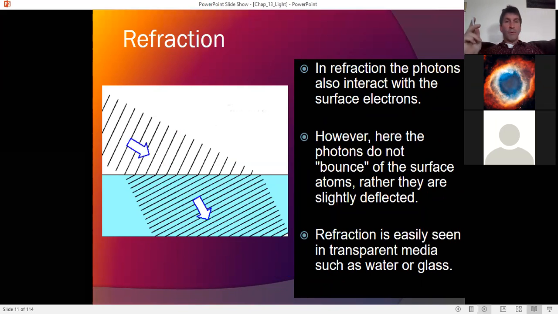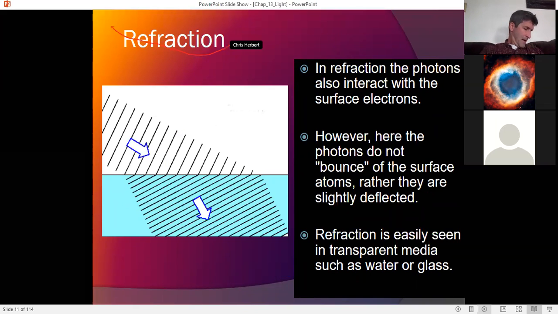Absorption, emission, reflection. The last category of the way light interacts with matter is refraction. Now, for emission, absorption, and reflection, we don't need to have a transparent material. Refraction is kind of special.